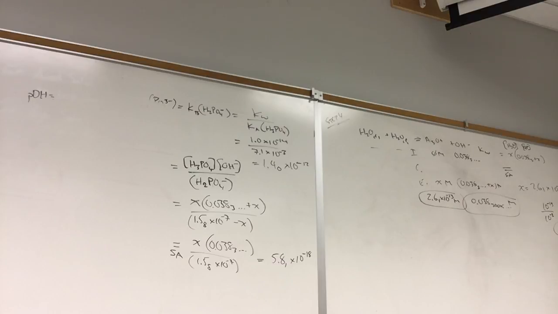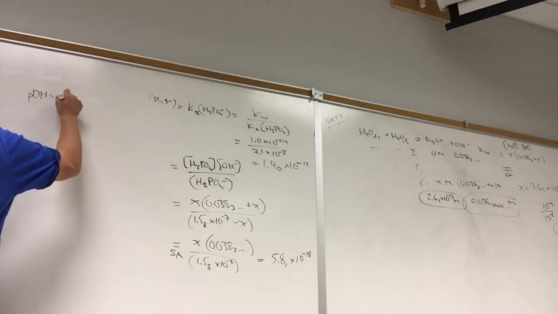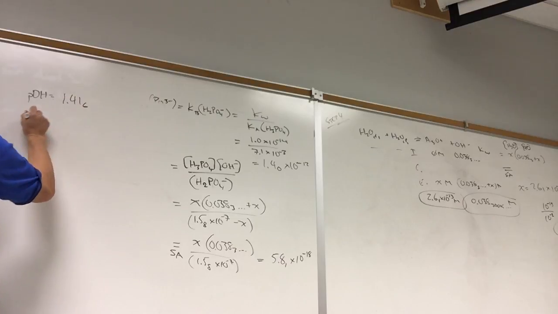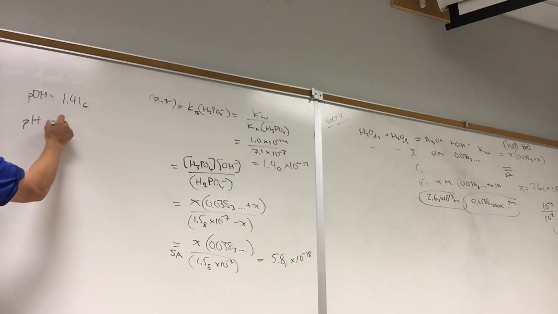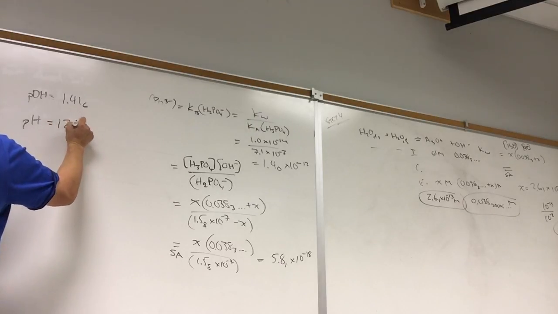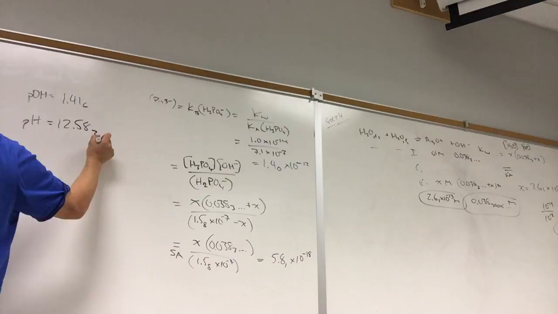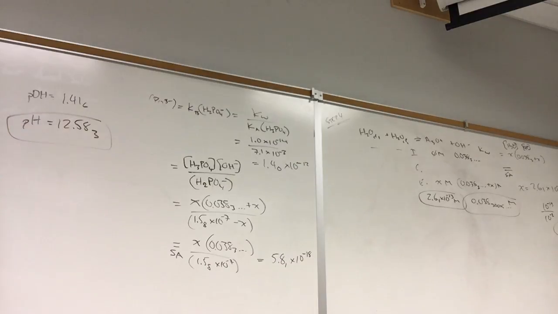And so I'm just going to do the negative log of 0.0383. That gives 1.416, which means the pH is 12.583, fairly basic.